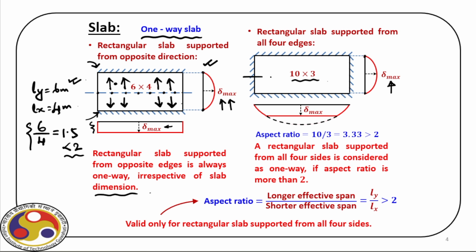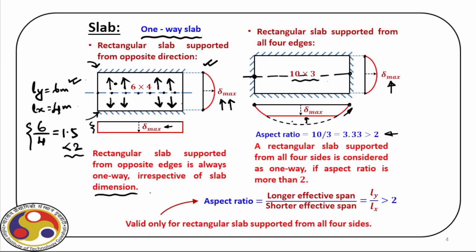If we consider any point along this line and plot it, obviously at these two extreme points we have 0 deformation. As we move inside, after a certain point we will have this delta max, and from this delta max, it will ultimately go to 0. So, for this problem, the aspect ratio is 10 by 3, which is more than 2.